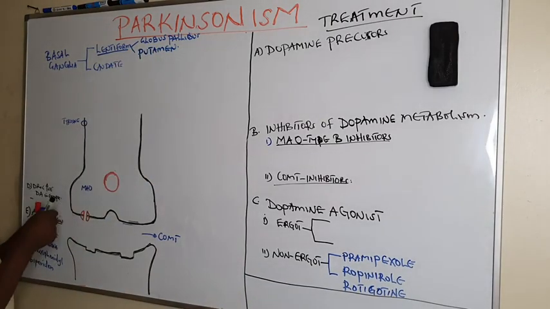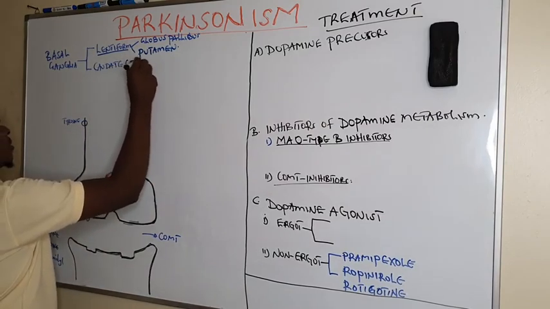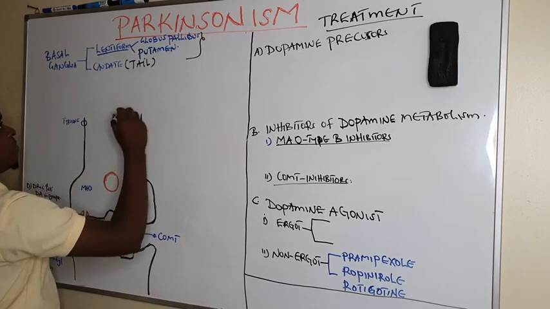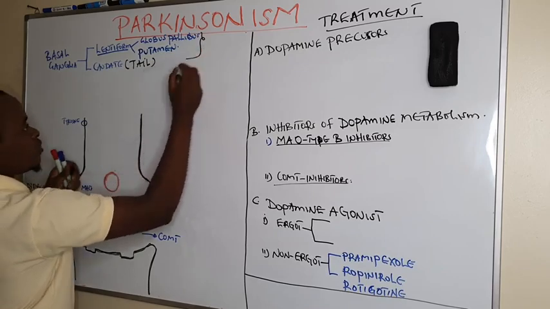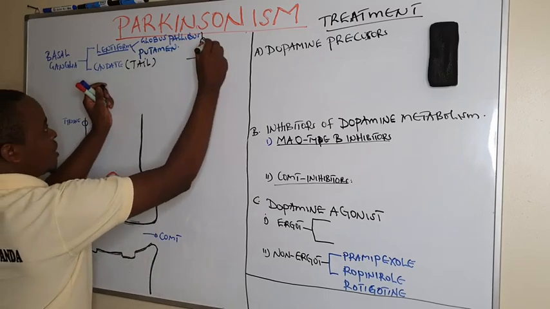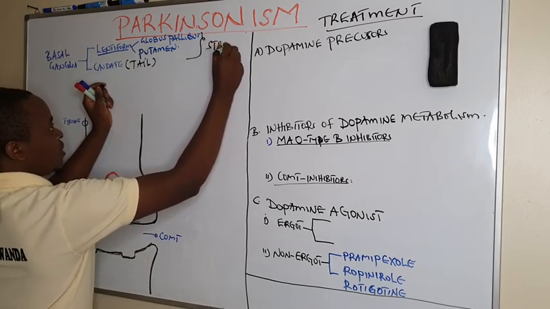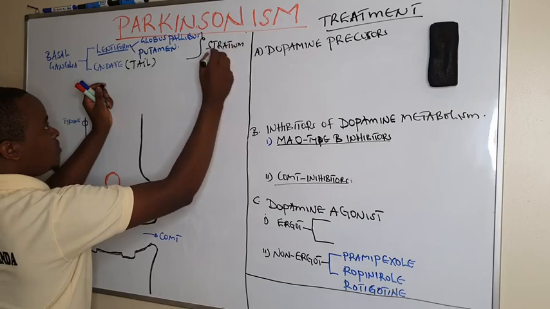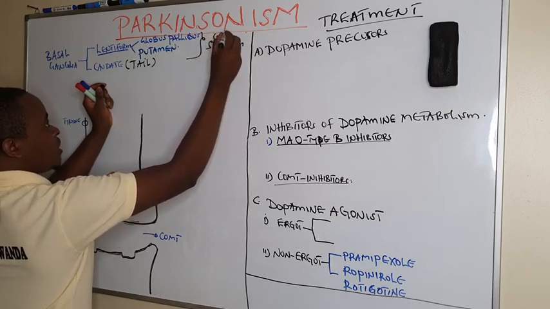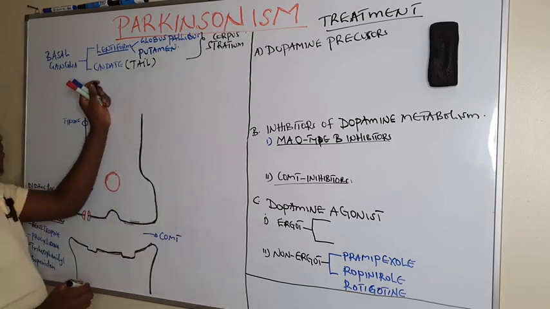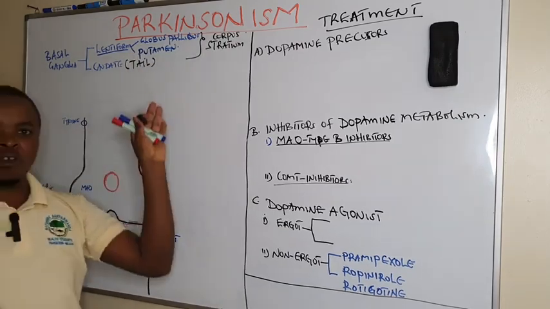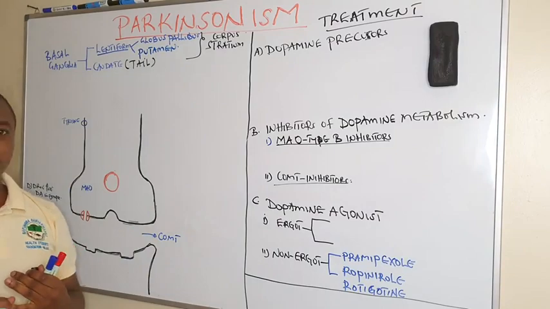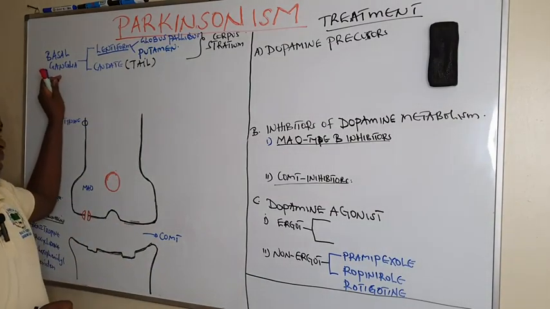And these three, the caudate, which looks like a tail, plus the globus pallidus and the putamen, these three of them form what we call corpus striatum. So these are the three components of the corpus striatum: the globus pallidus, the putamen, and the caudate, which are part of the basal ganglia.